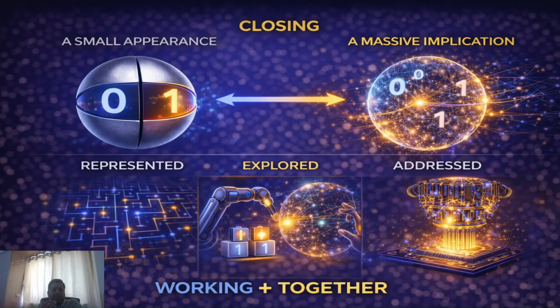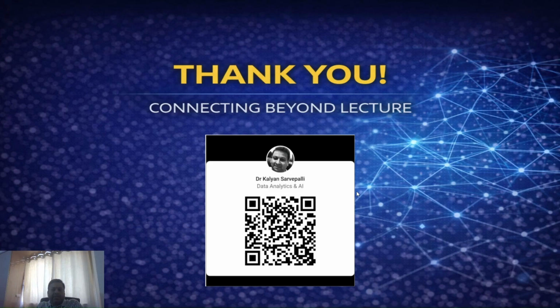So working together is what is important. With this I will halt here for this video, and with the next series of videos we will extend and discuss very interesting topics, taking one step at a time.